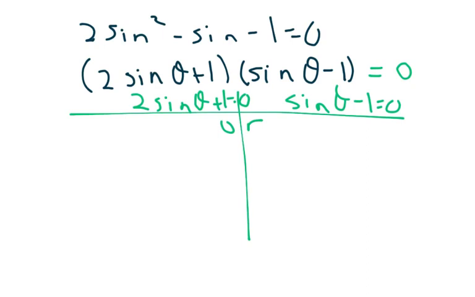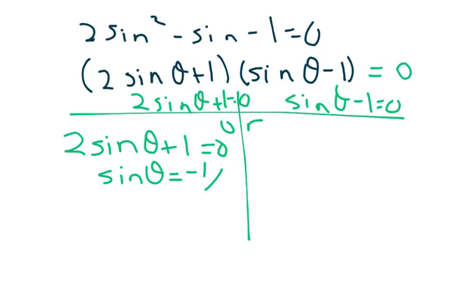So we solve, and we get on this one, and write it again because it was kind of messy, sine of theta plus 1 equals 0. So we get sine of theta equals negative 1/2. Just subtract the 1, divide by 2.